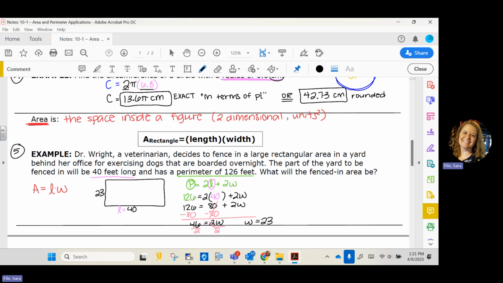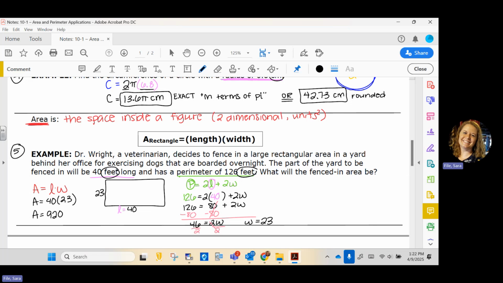So now I can plug in for area and I can say, okay, the length is 40, the width is 23. I will multiply those together to get 920. So my area of this rectangular fenced space is 920. Now, all of the units were in feet. The dimensions were measured in feet, but we multiplied them together.